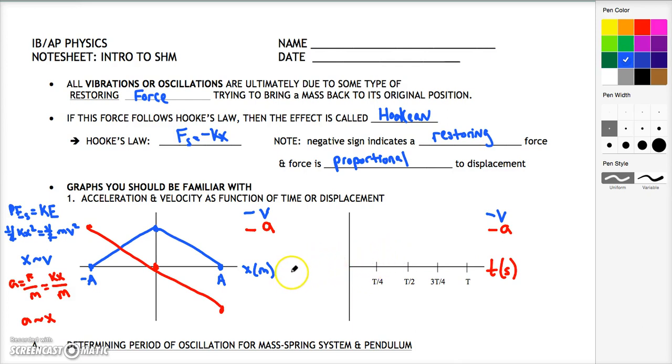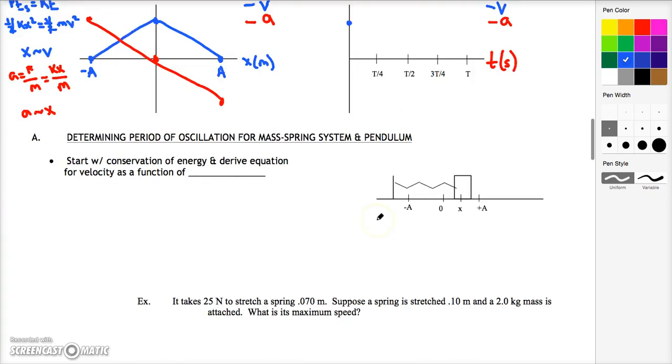The velocity starts off in the middle, where our original position is 0, right in the center of our oscillation, so it's at a maximum there. Then a quarter of the period later, the position is on the far end. Okay, let's take a look at that simulation again.